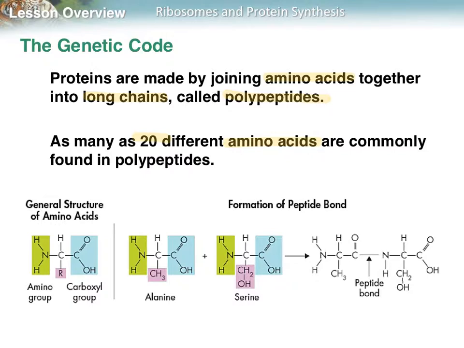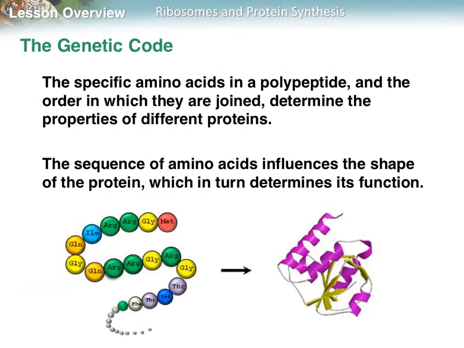If you recall the general structure of an amino acid, we have the amino group and the carboxyl group, and then here in the center is the R group, right? Each R group makes the amino acid different, and they're hooked together with what we call the peptide bond, which hooks two together.